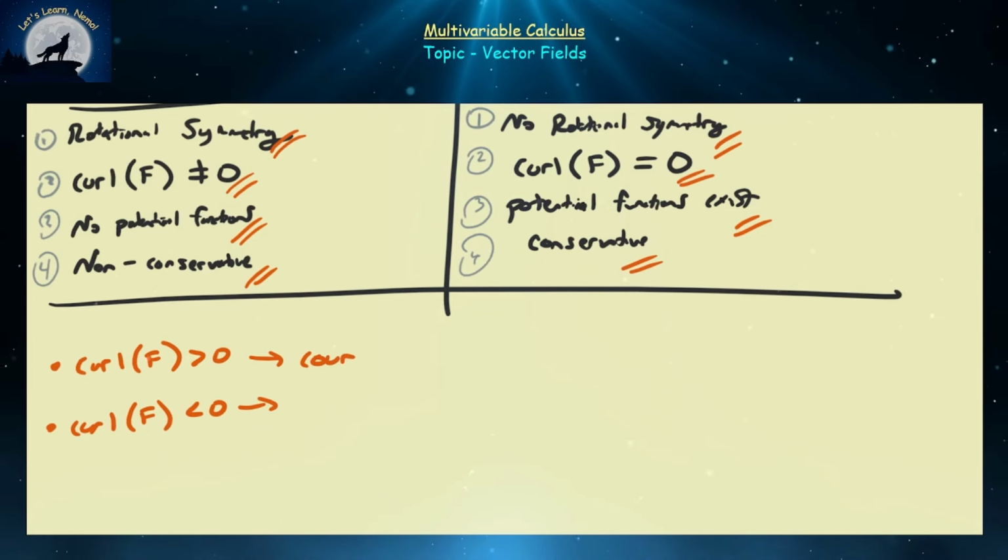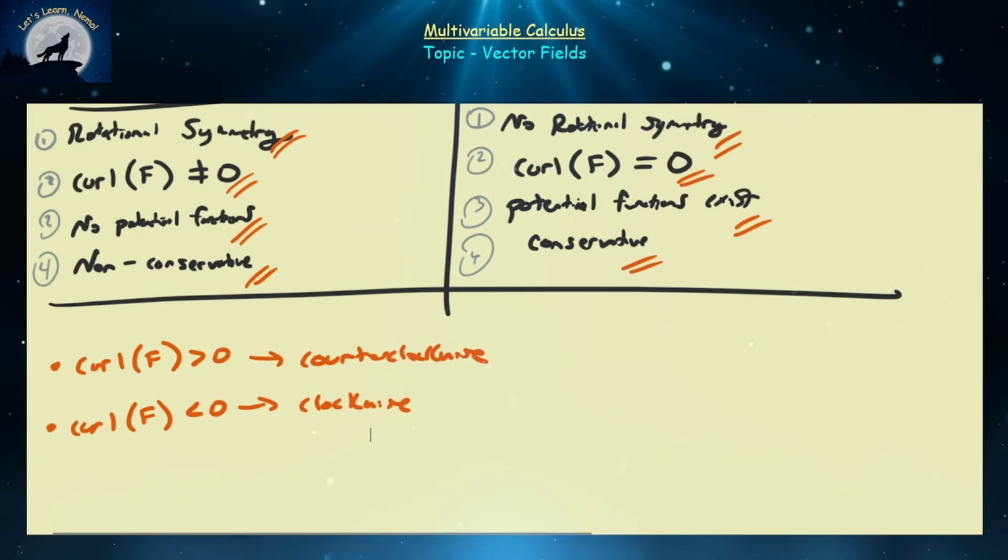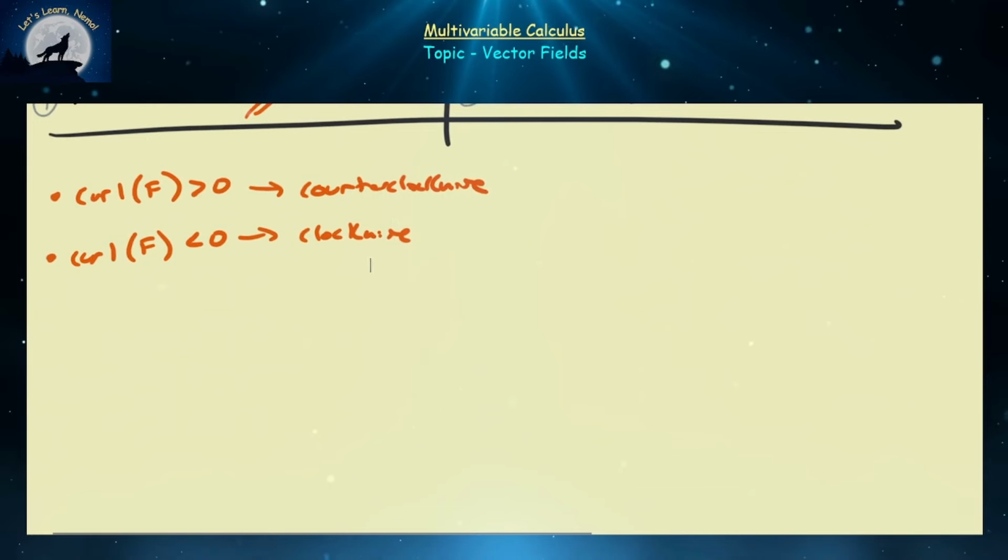So this is going to agree with our counterclockwise convention for rotation. And if you have a curl that is negative, then by definition what you're going to see is a clockwise rotation. All right, so those are just some observational things that we'll actually prove rigorously later on once we have a little bit more theorems. But for now, we'll just take them as observations that will hopefully extend later on.